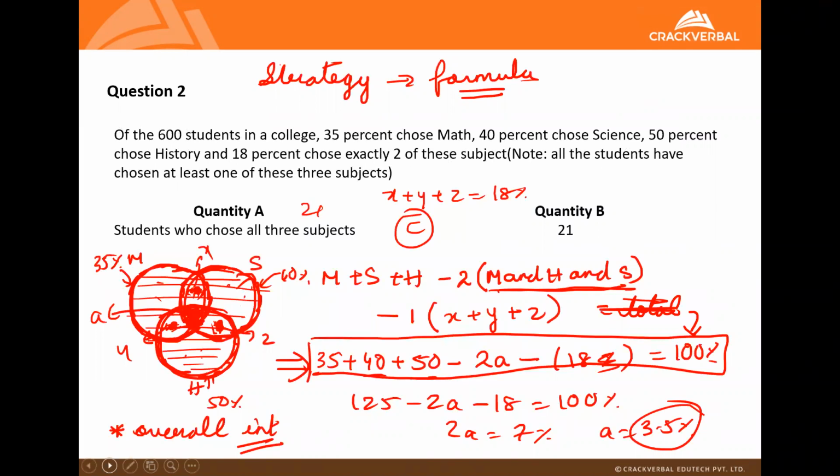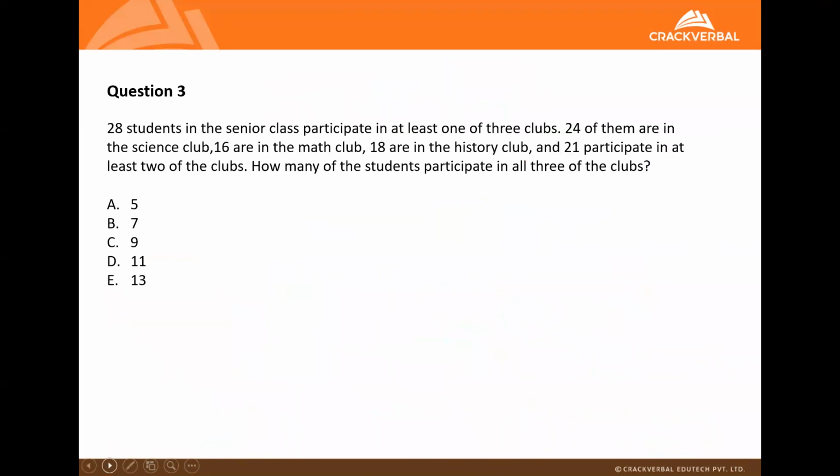All right, so here's your third question. Follows the same concept, just a quick question to again reinforce the concept that we just discussed. I'm going to give you a minute and a half for this.